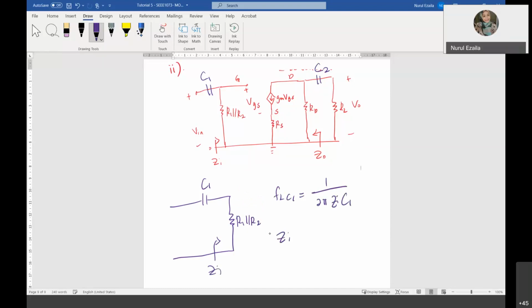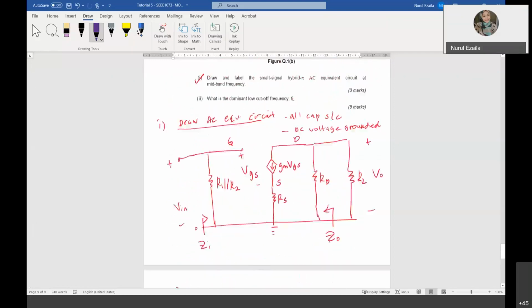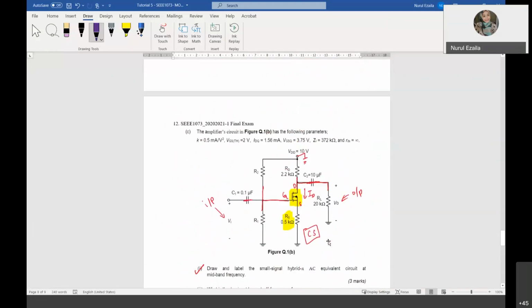So what is Z in? Student: R1 parallel R2. Yes, R1 parallel with R2. You don't have R signal, therefore you don't have to add R signal. Just Z in. So what is the value? Oh, Z in is given.